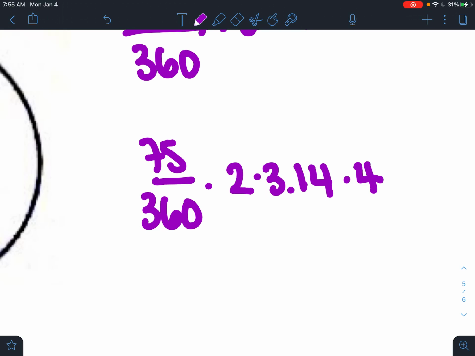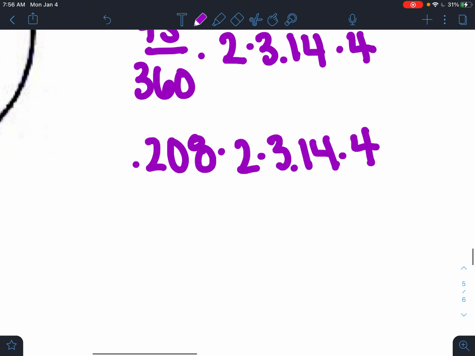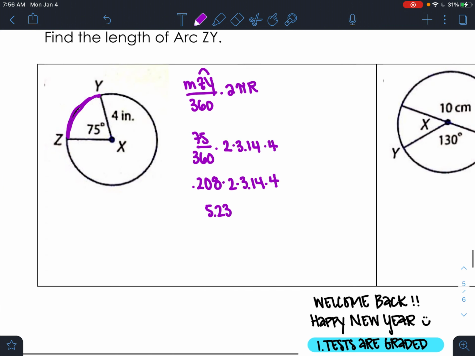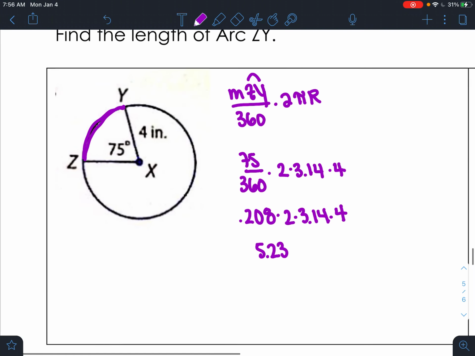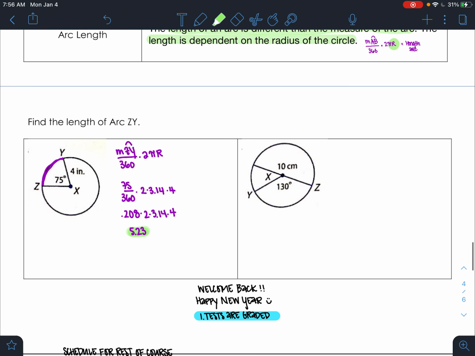Now I'm just going to plug this into the calculator. 75 divided by 360 gives me 0.208, times 2 times 3.14 times 4. And I got 5.23. So 5.23 is going to represent the length of that arc.